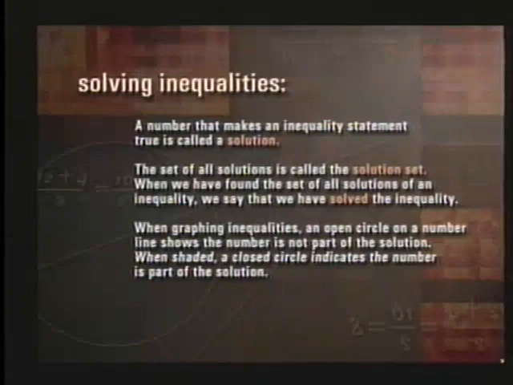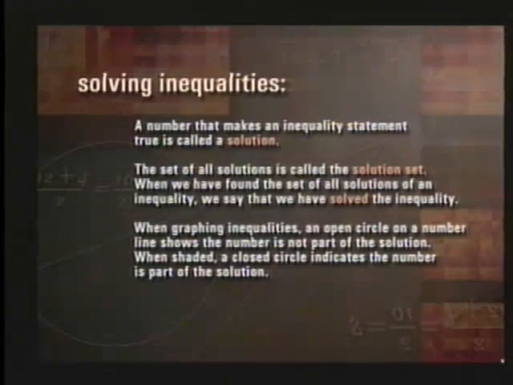And then we talked about this, but I wanted you to have it up here on the graphic, and my friend Michael does a great job with these graphics here. When graphing inequalities, an open circle on a number line shows the number is not part of the solution. When shaded, a closed circle indicates the number is part of the solution. So that's a major point that we've discussed.